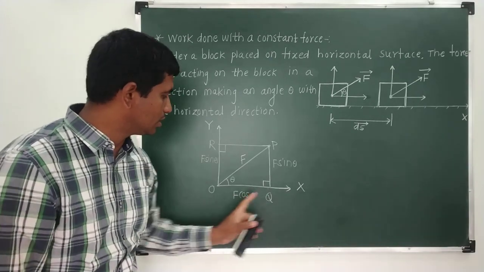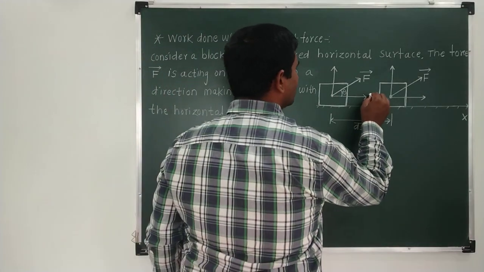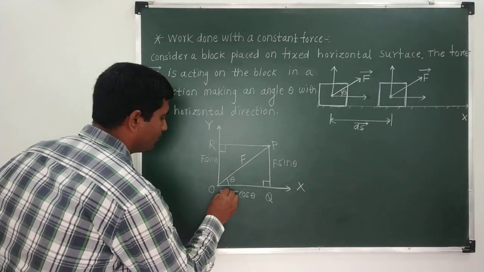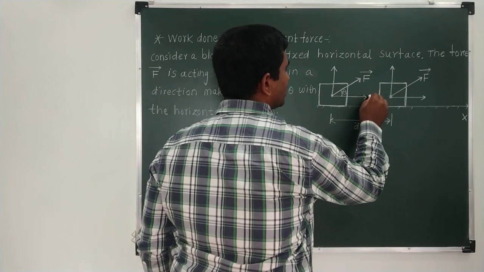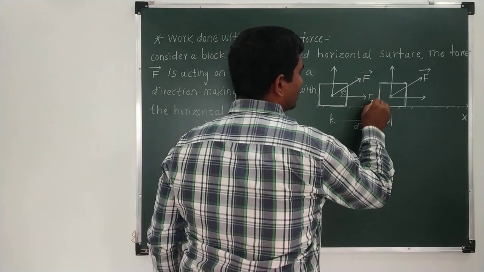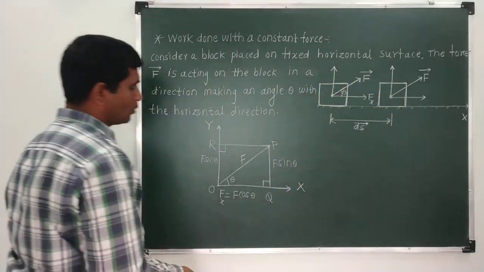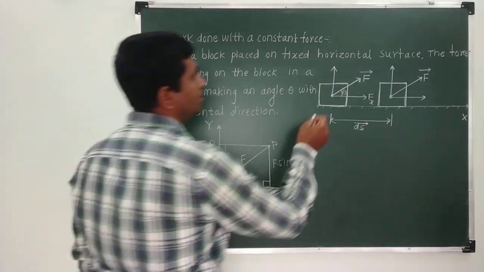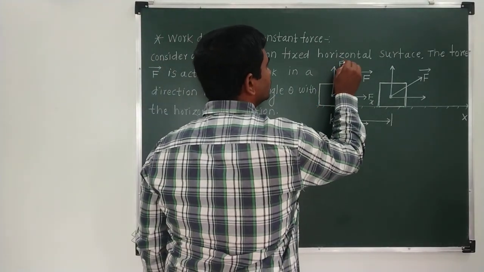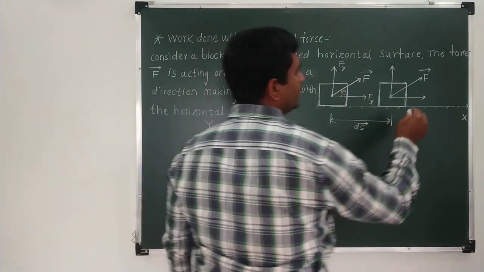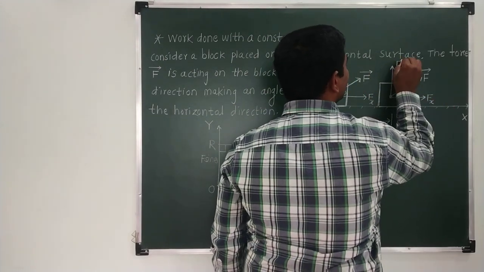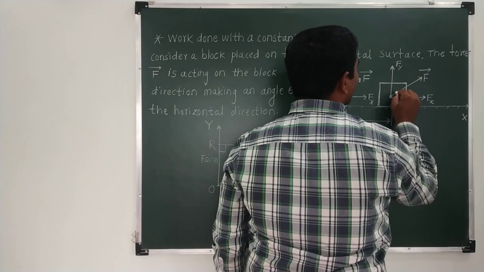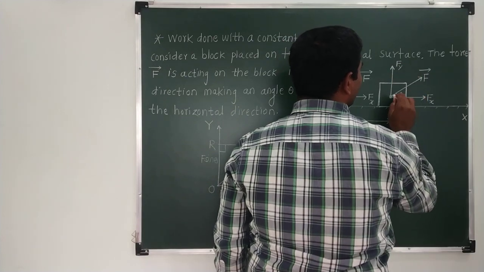The component along the horizontal direction is F cos theta, so I will write it as Fx, as it is along the x direction. The quantity along the y direction I will write as Fy. Similarly here, this is Fx and this is Fy, and this is the angle theta.